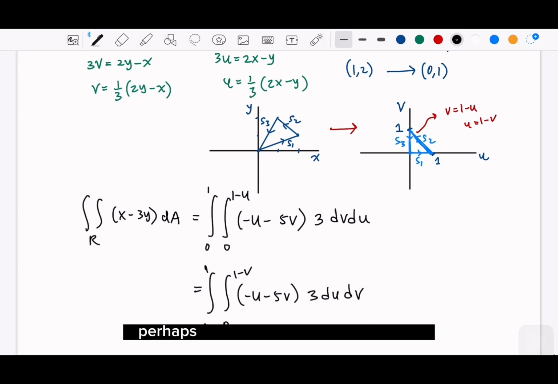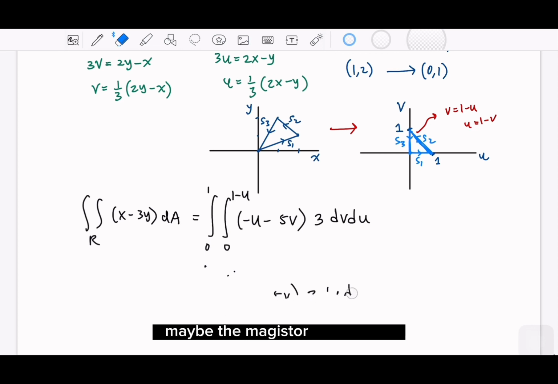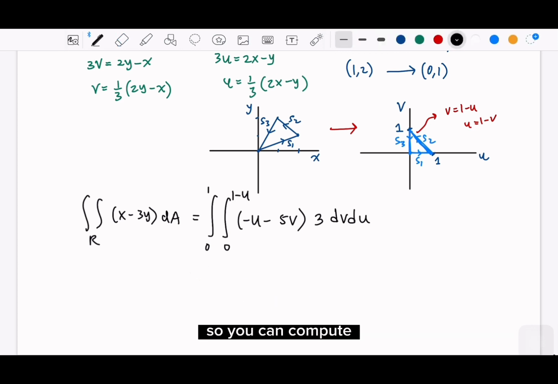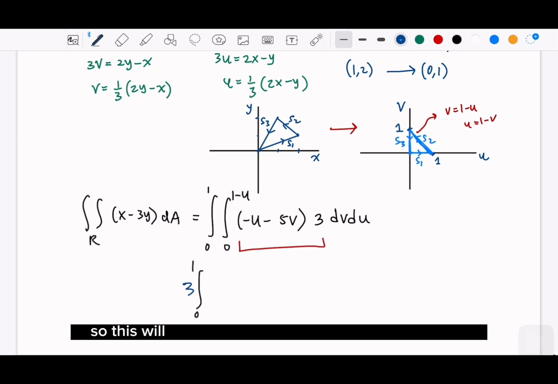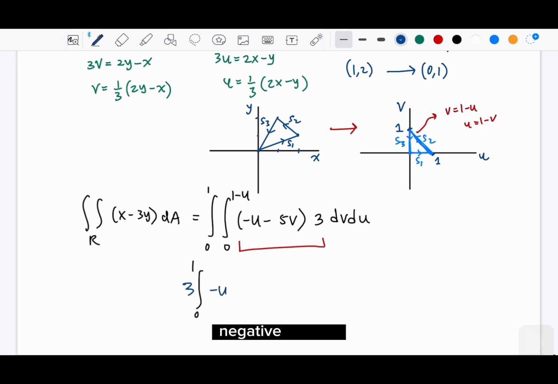If you want to compute, perhaps you can compute first, as usual. Maybe let me just erase the below here. So you can compute the inside integrations. So we are going to take negative outside, so this will be positive.